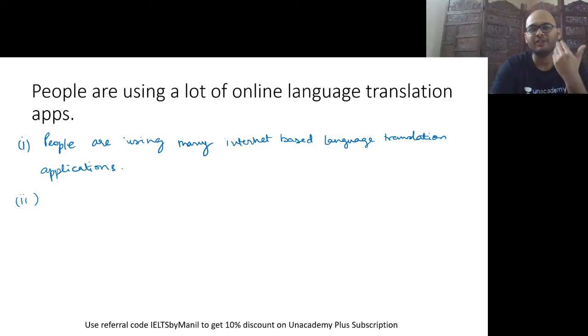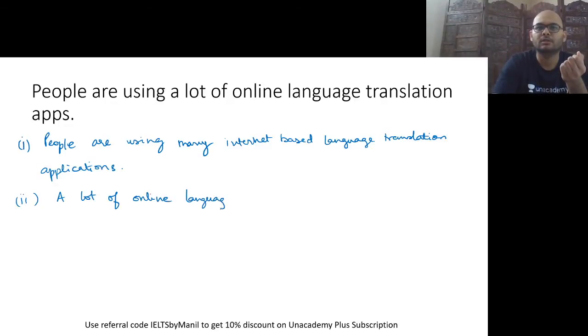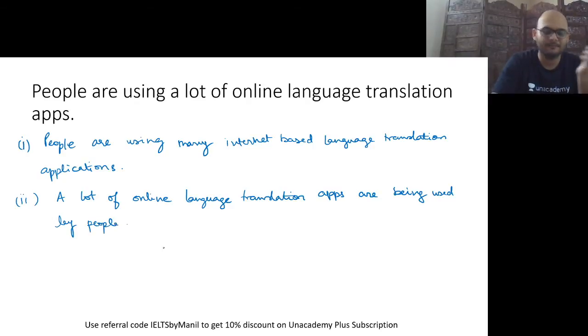And the moment we change the voice, it also changes our word form and it also changes our word order. So a lot of online language translation apps are being used by people. Done. All right.